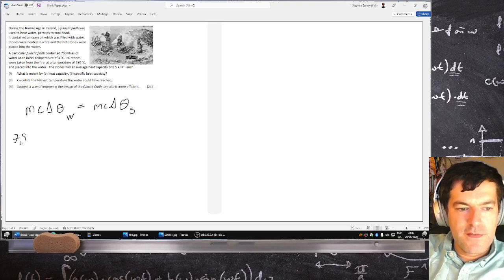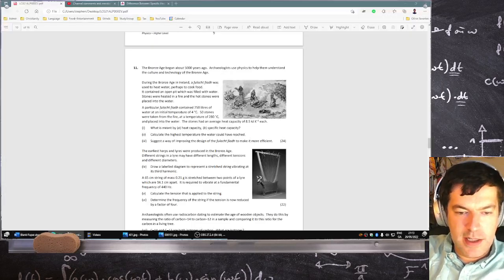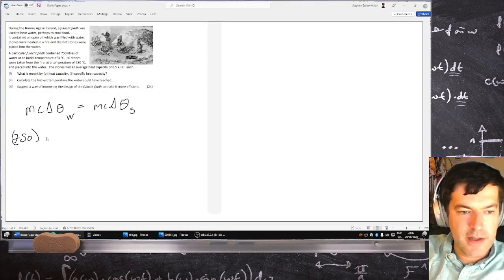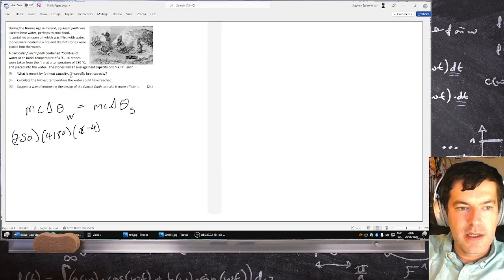So 750 kilograms of water, and the heat capacity, should we use 4181? 4180 for this one, okay. And it rises from 4 to X, so that's X minus 4.